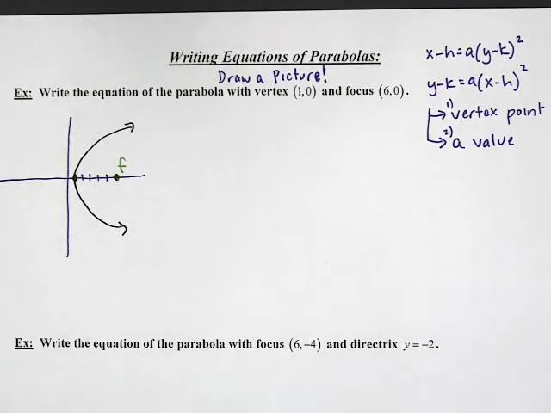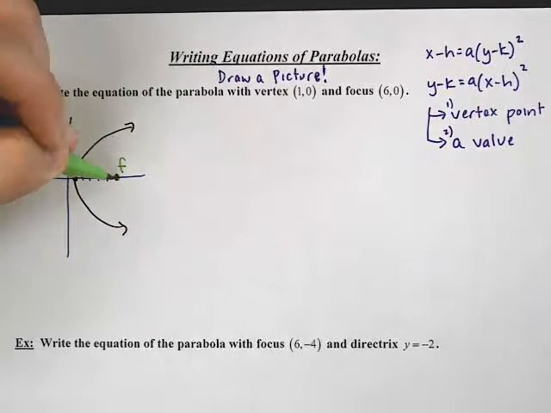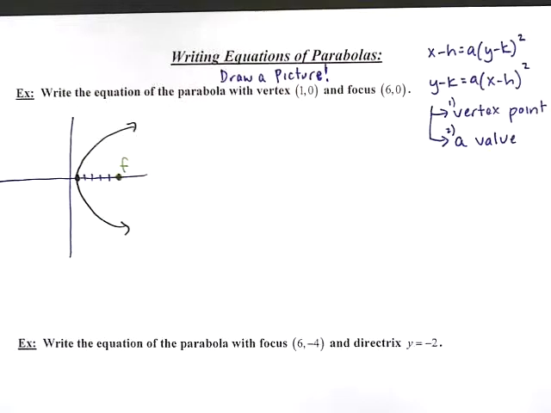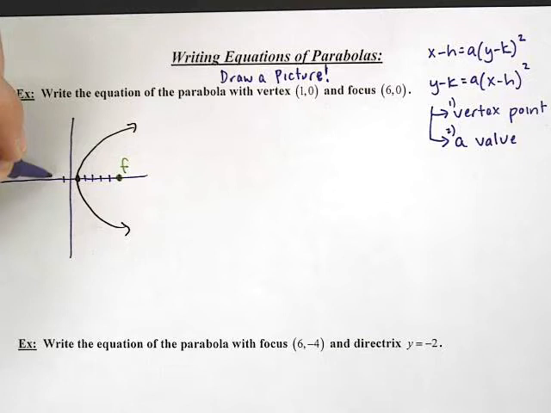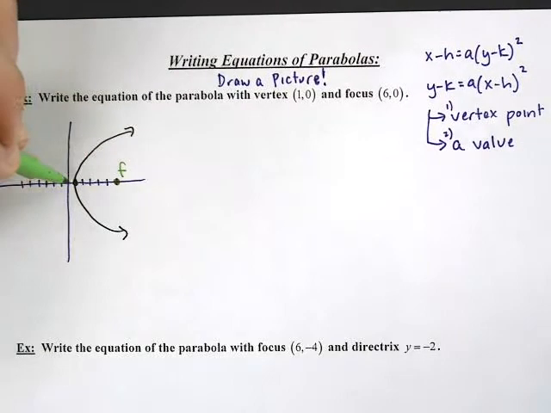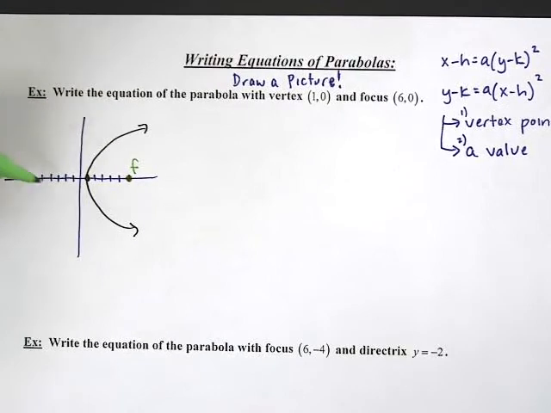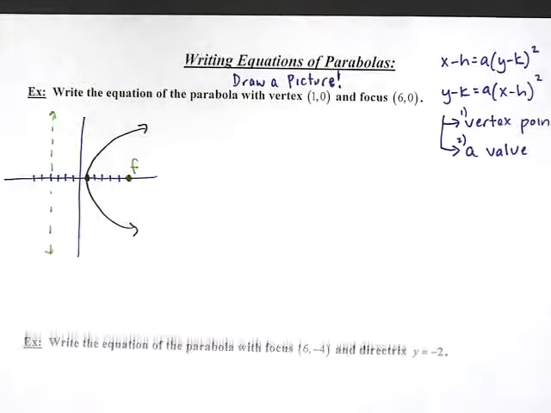That's pretty important. Now what we do need to remember is if our focus is 6, 0, we can also sketch in our directrix, because the p-value, or whatever distance you go from the vertex to the focus, is the same distance in the opposite direction to the directrix. So 1, 2, 3, 4, 5, 1, 2, 3, 4, 5, and now I have a perfect sketch of this parabola.